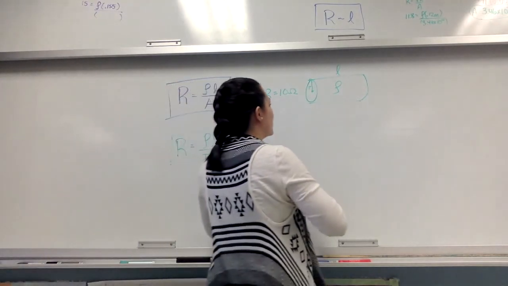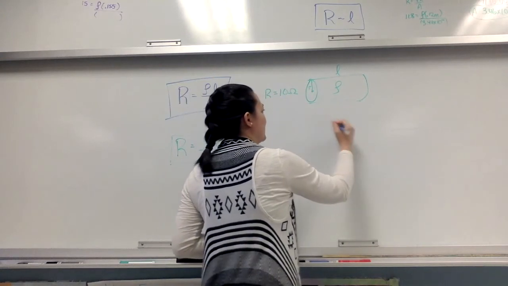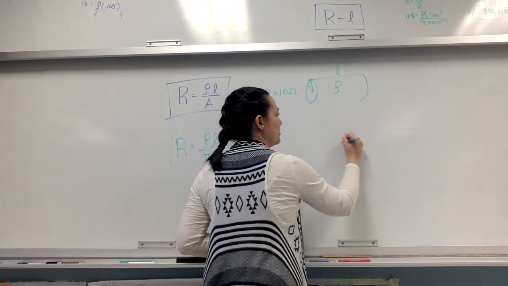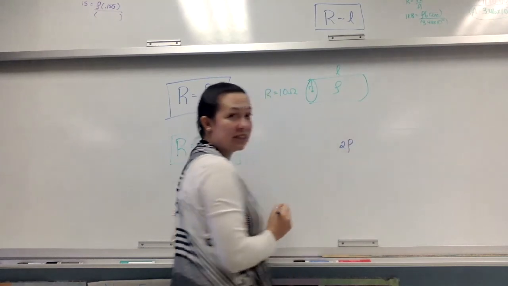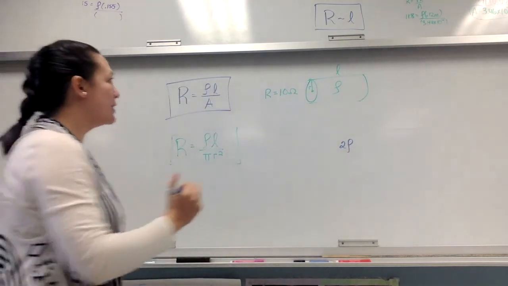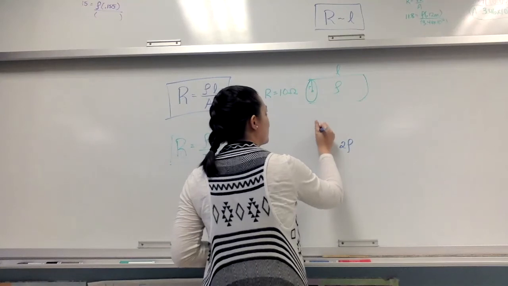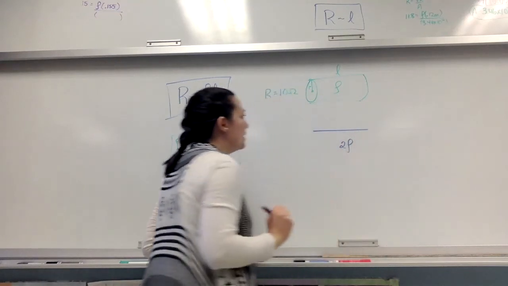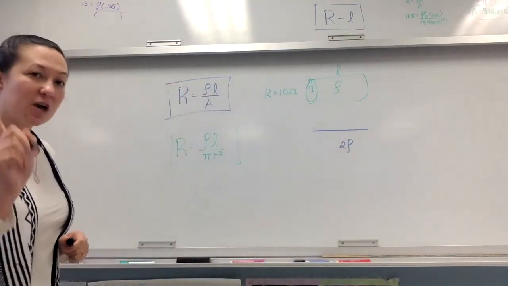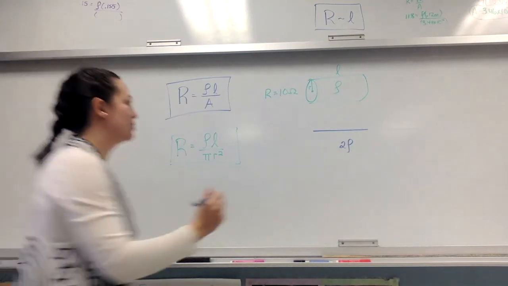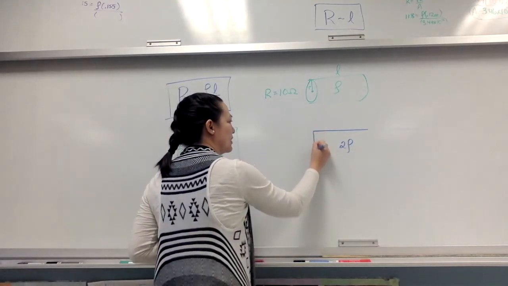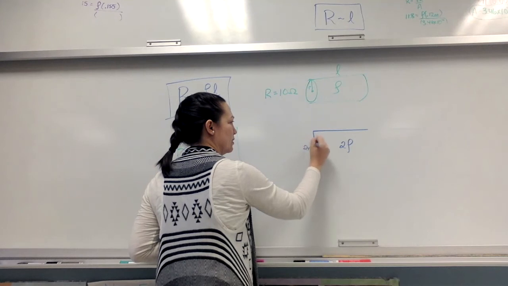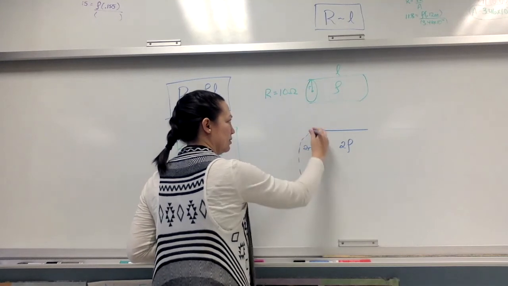Let's say we make a material that has twice the resistivity. So I've changed the material. I'm going to keep the length the same. But now let's have it double the radius. So now the radius is twice as big. And let's draw that out.